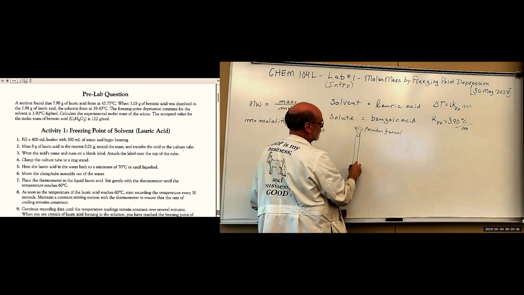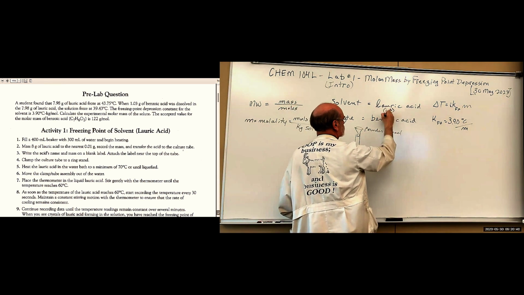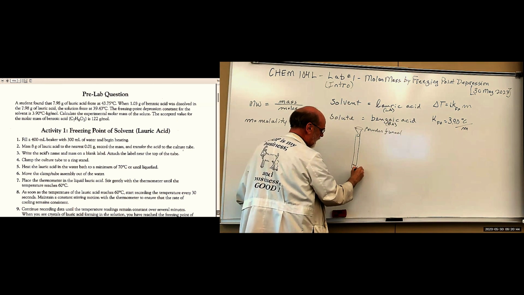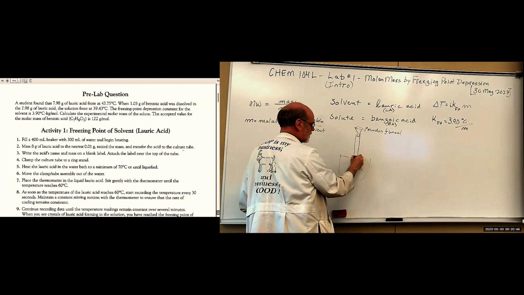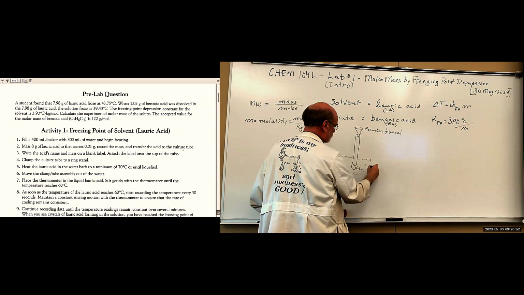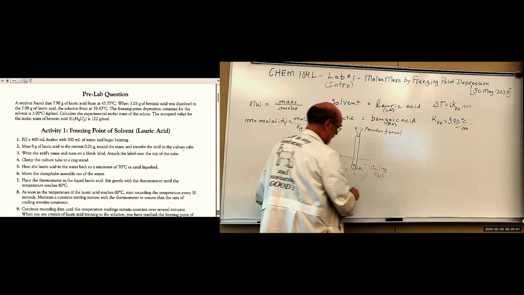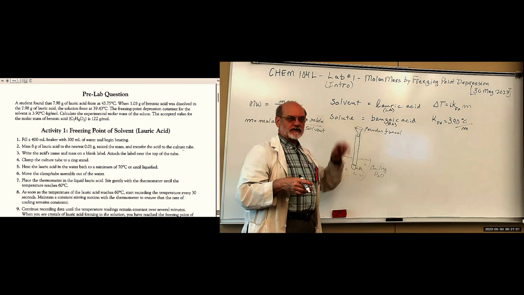So once you get your, I'm going to abbreviate here, LA for lauric acid and BA for benzoic acid. Once you get your lauric acid in here, then we're going to submerge it in boiling water. Right? So it's 97 degrees at this altitude, something like that.